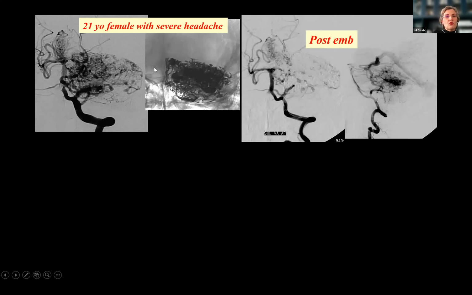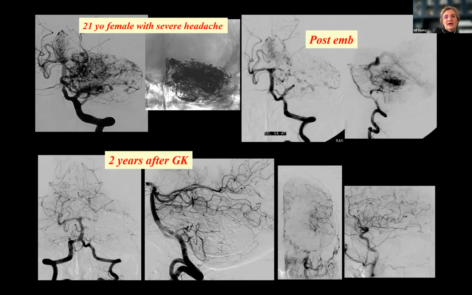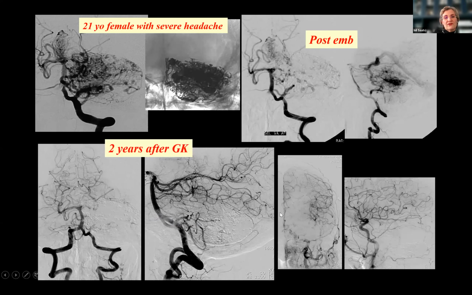In such a grade 4 AVM, we were able to obtain a compact embolization, and the remaining was radiated. We also treated the associated flow-related aneurysm, and after gamma knife, we were able to provide a cure for this patient together with the radiosurgery.